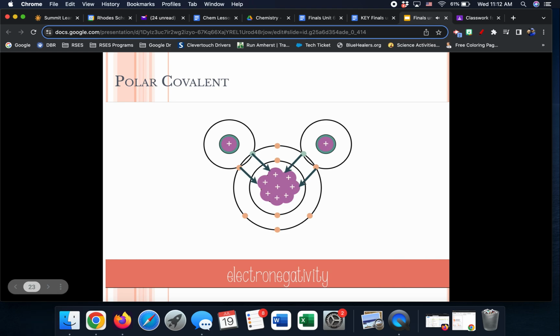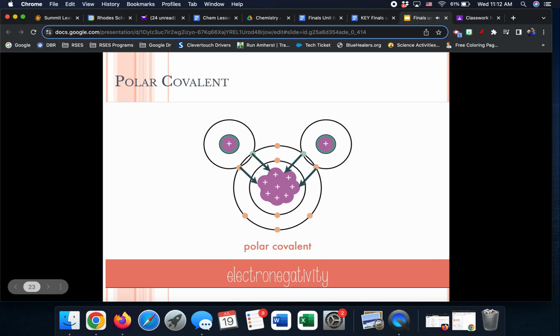This is known as electronegativity, but I think of it as electron bullying because oxygen is going to have the electrons around its nucleus more often than the hydrogens have the electrons around theirs. As a result, the oxygen side becomes slightly negative and the hydrogens become slightly positive. This is an example of a polar covalent compound. The positive and negative ends create poles, like the ends of a magnet.